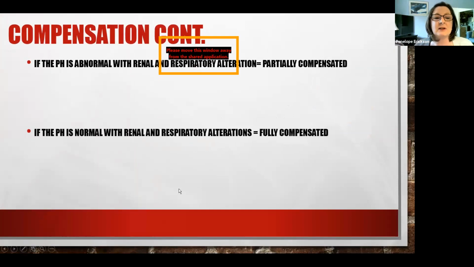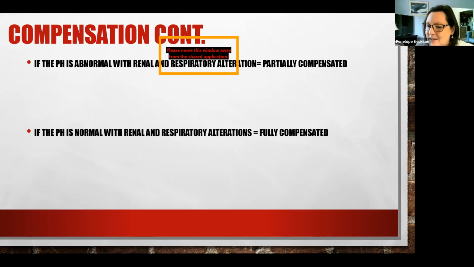Okay, so to reiterate, compensation, right? If the pH is abnormal and you have that, either the kidneys, the bicarb, or the respiratory, the CO2, is altered, and you have that alternate agent at work, they're partially compensating, because if you didn't have that compensation going on, they'd even be more acidotic, or they'd even be more alkalotic.